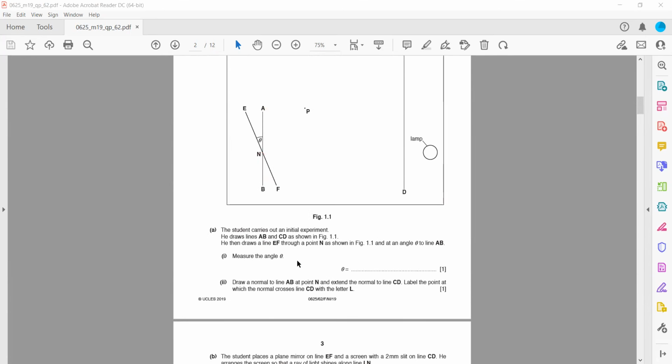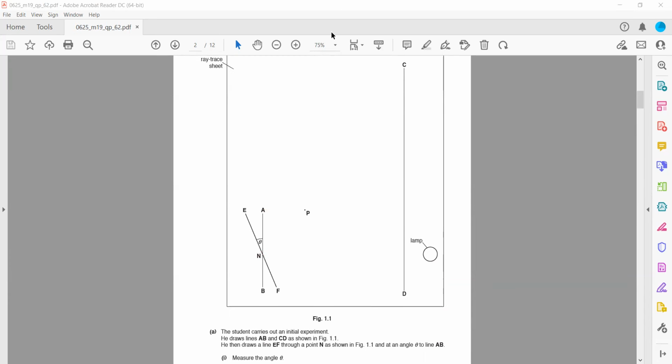According to the question, we have to label that point with the letter L. Labeling is always important. So label the points, and for these types of questions, use thin lines. So this is point L, which is on line CD.